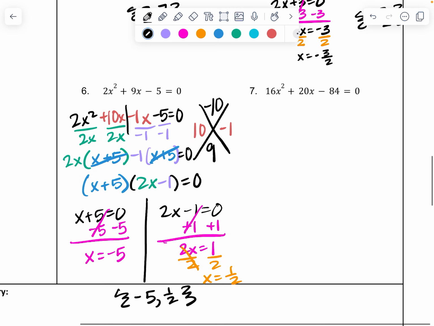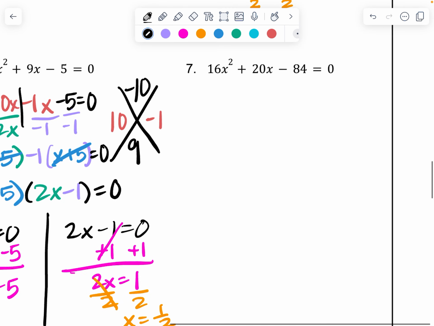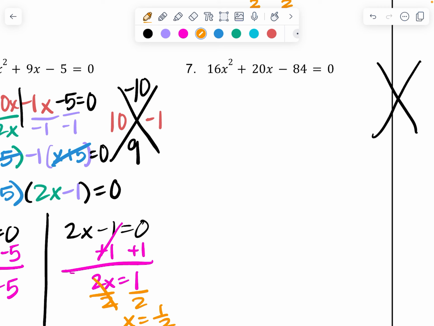Okay, last example. This one has larger numbers than we've been dealing with. So the first thing I'm going to do is check for a greatest common factor. And I know that I can factor out 4.